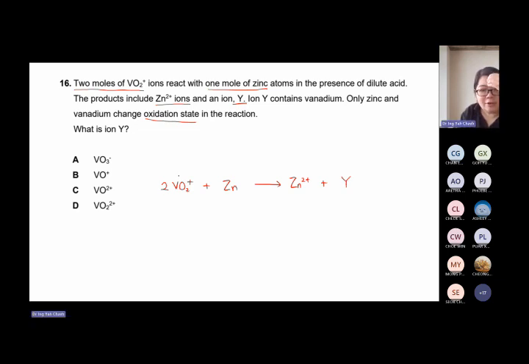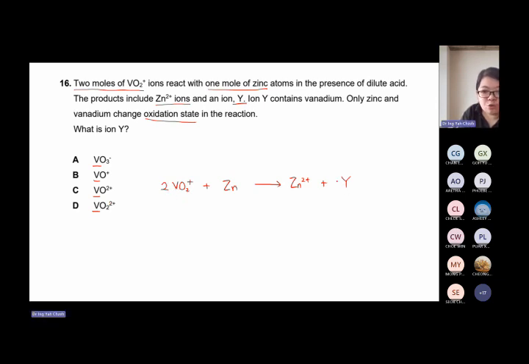Now can you see that on the left hand side, I have this vanadium ion, 2 of them. Here there's Y, I know, but if you look at all the answers, Y contains only 1 vanadium. Here I have 2, right?